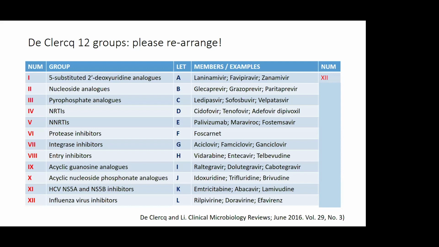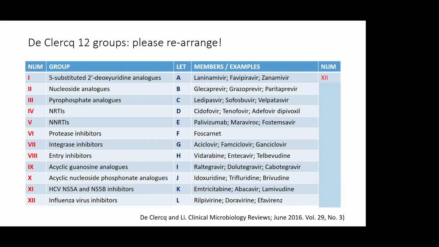So B: glecaprevir, grazoprevir, and paritaprevir. So these are hepatitis C antivirals, right? 11. But they're not 11. These are, I think, protease inhibitors.